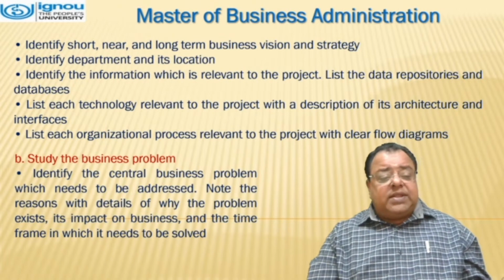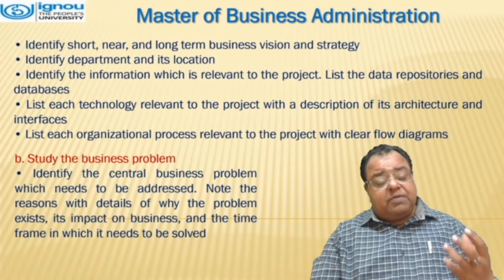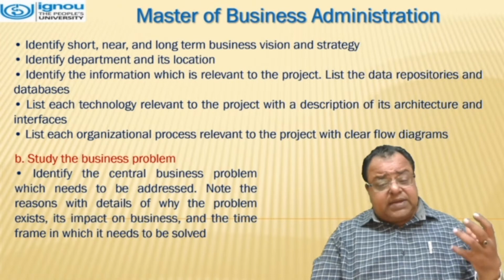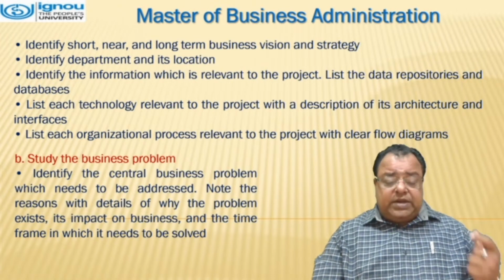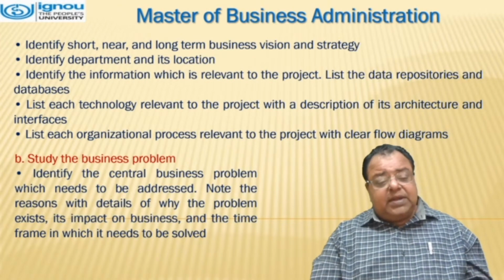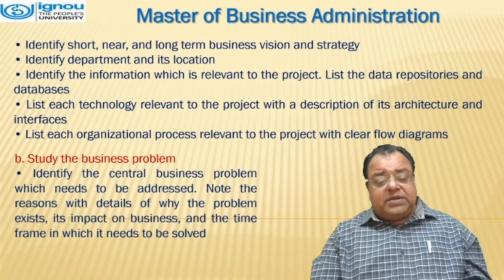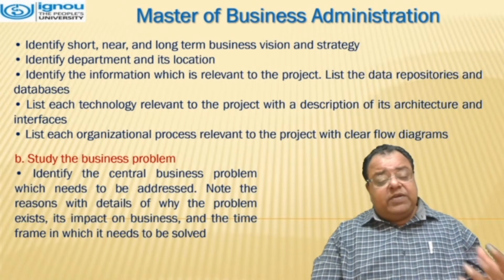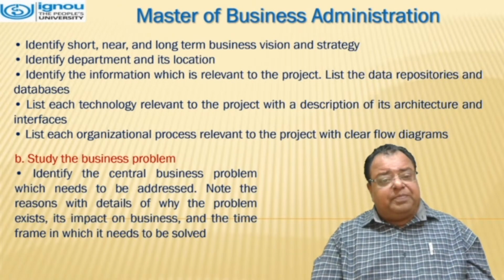Second one is to study the business problem. Identify the central business problem which needs to be addressed. Note the reasons, the details of why the problem exists, its impact on the business, and the time frame in which it needs to be solved.